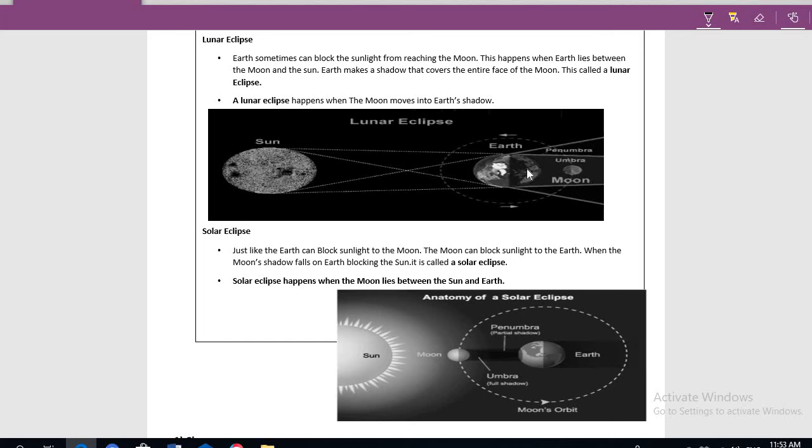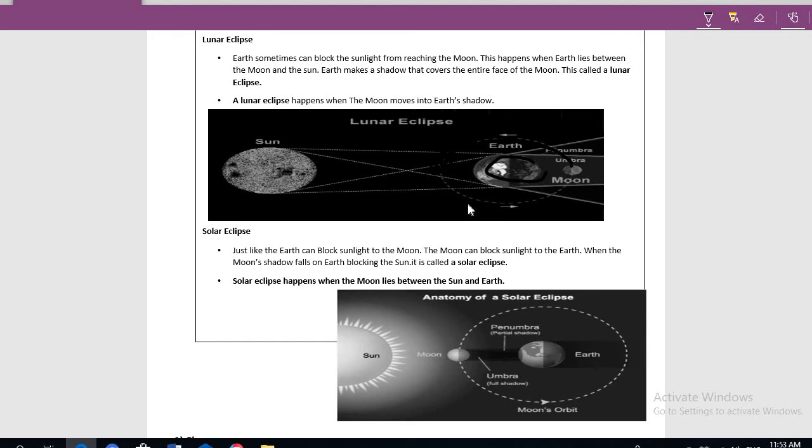A lunar eclipse happens when the Earth is between the sun and moon. Earth, look, between the sun and moon, due to the moon revolving around the Earth. So at some point Earth is between the sun and moon. While in a solar eclipse, the moon will be between the sun and Earth, as when the moon revolves around the Earth, it will be here.